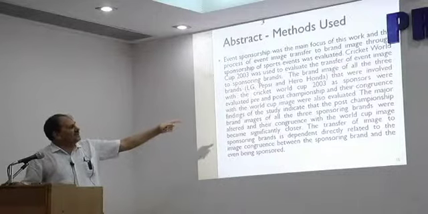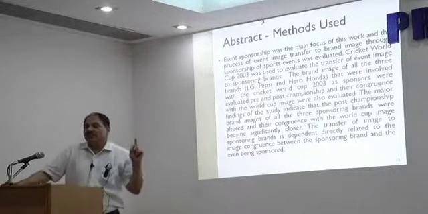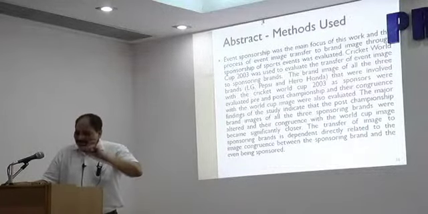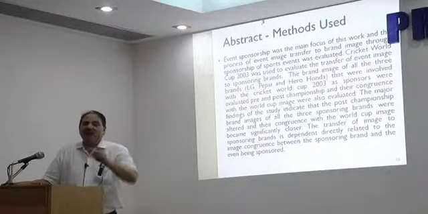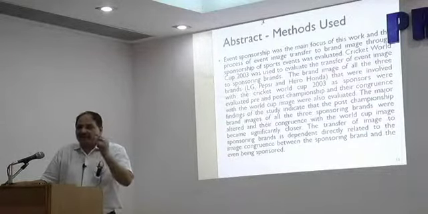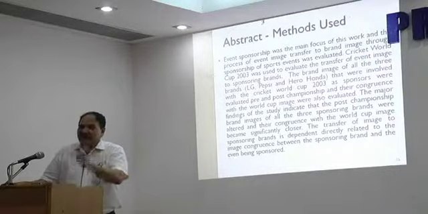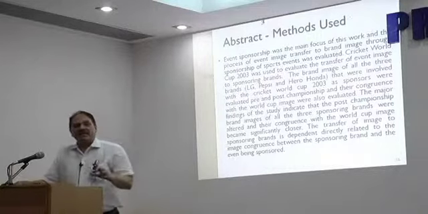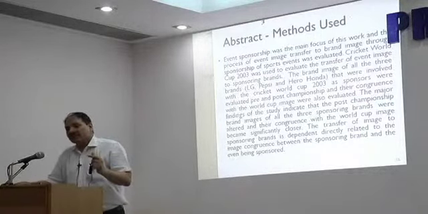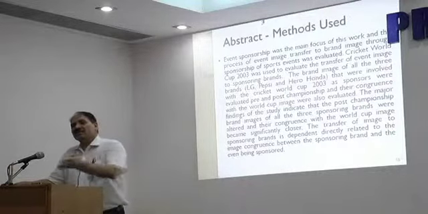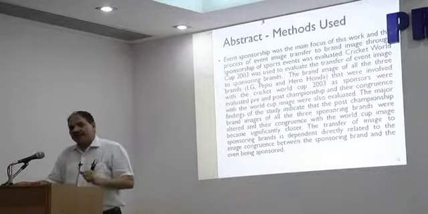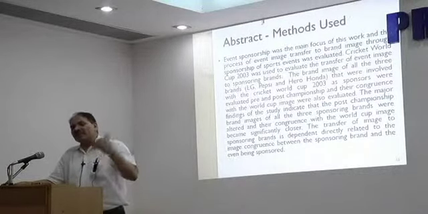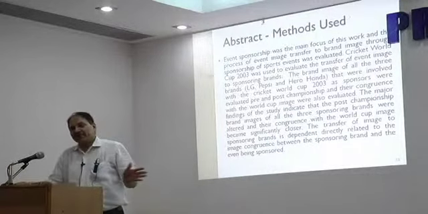And their congruence with the World Cup image was also evaluated. That means we are not only looking at the image transfer, we are also looking at whether the pre-event congruence between the brand image and the event image affects the transfer. That means if the brand image and event image were closer, then would the event image be transferred more to the brand, compared to when that congruence is missing, when the event image and the brand image are distinctly different?